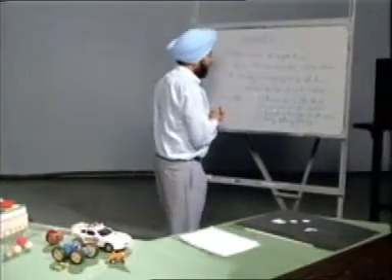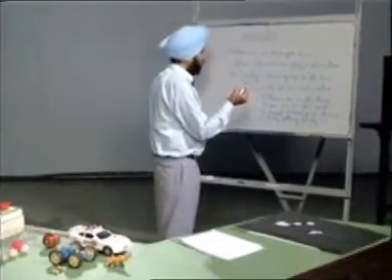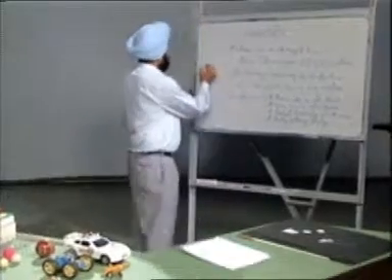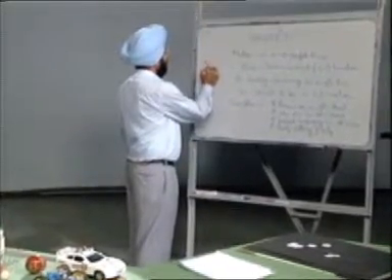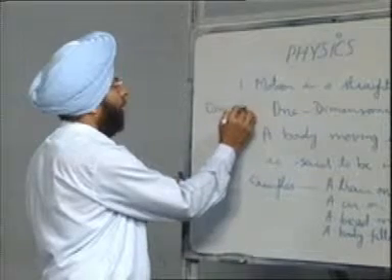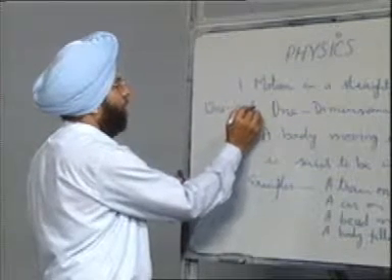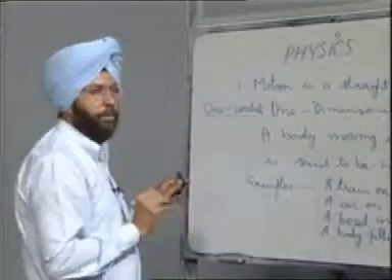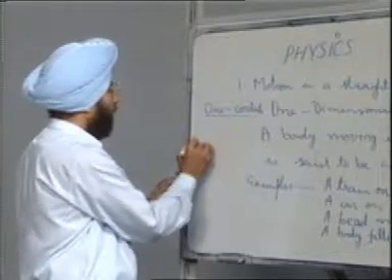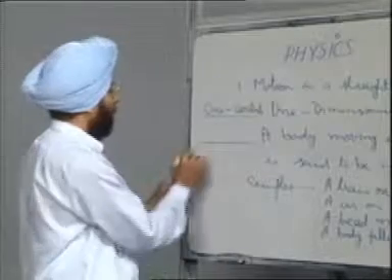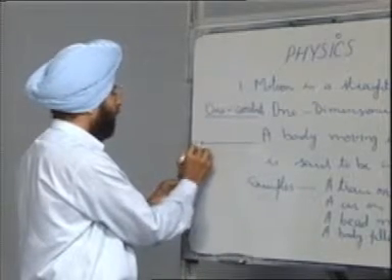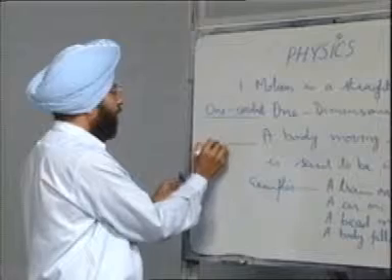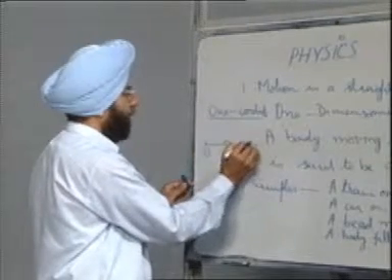Why it is called one-dimensional motion is because we need only one coordinate or one axis to completely define the body. Suppose we have a straight line motion. In straight line motion, the body is moving along the straight line.